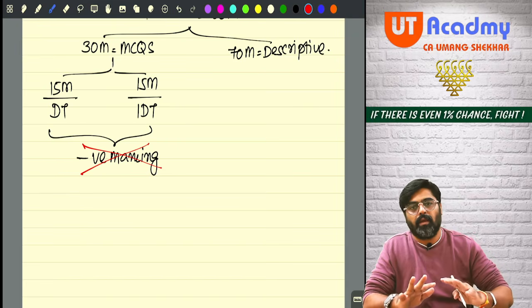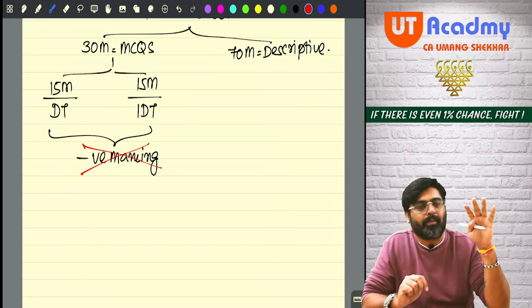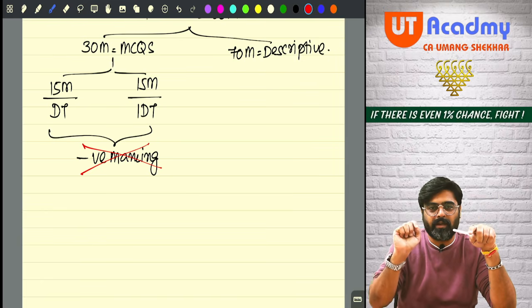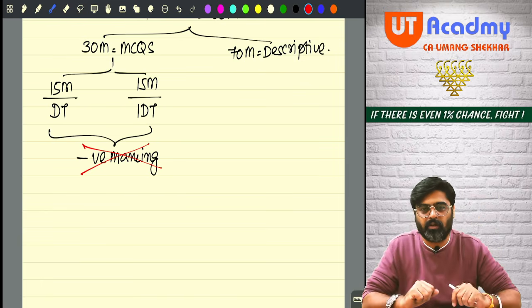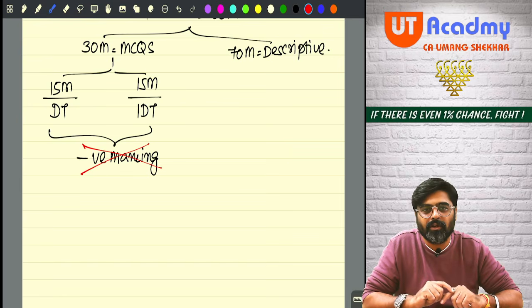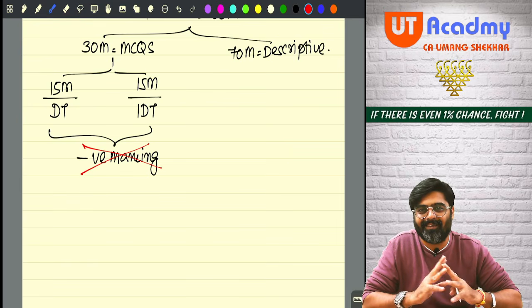But you might be thinking that to pass the exams, I need only 40 marks out of 100 and MCQs are there for 30 marks, so it will be very easy for me to score 25 to 28 marks in MCQs. So friends, you are wrong.